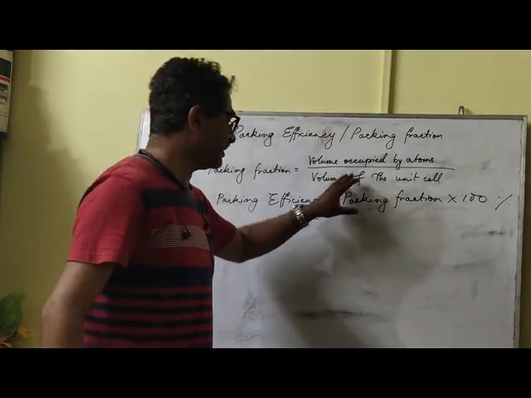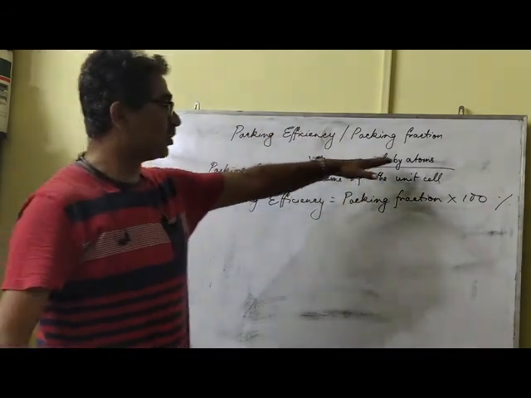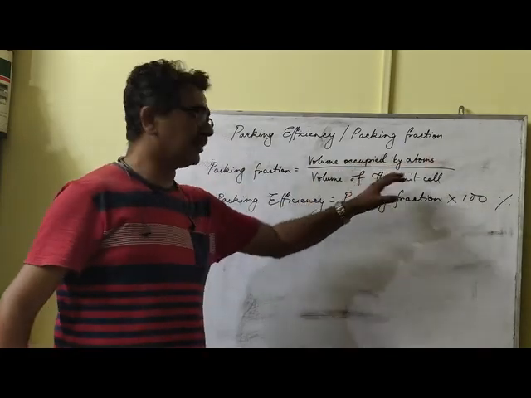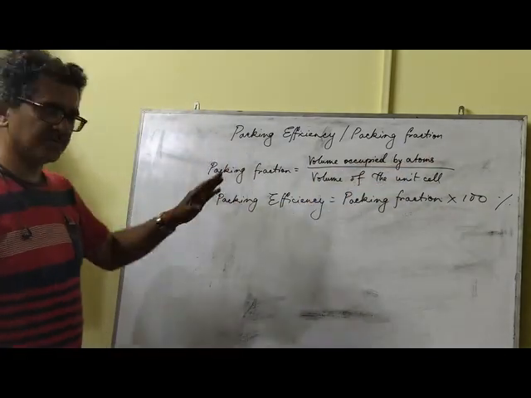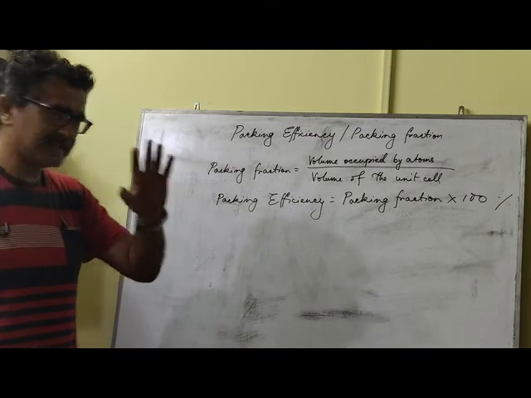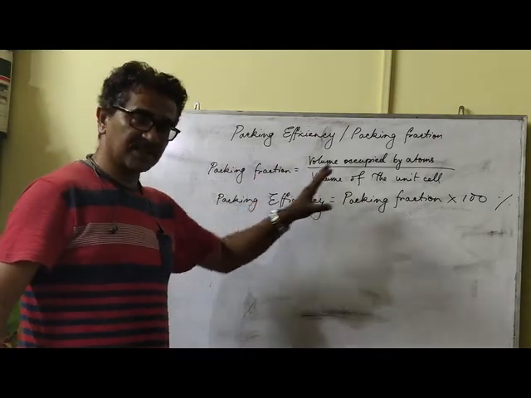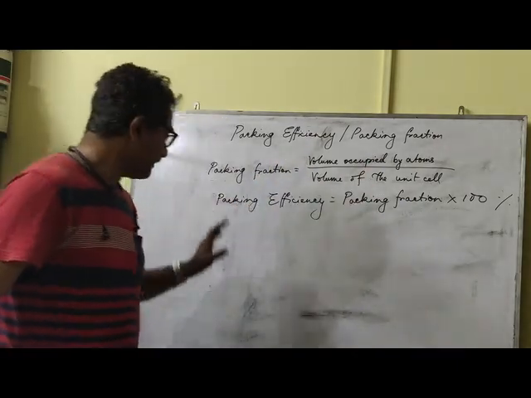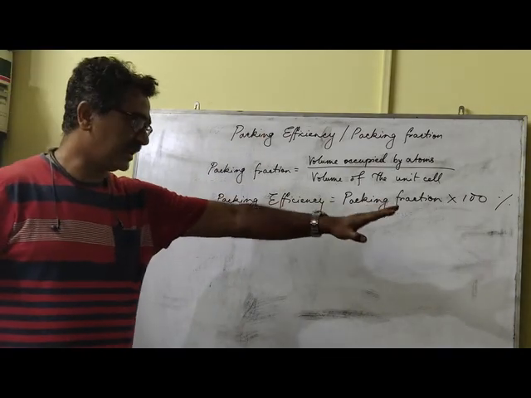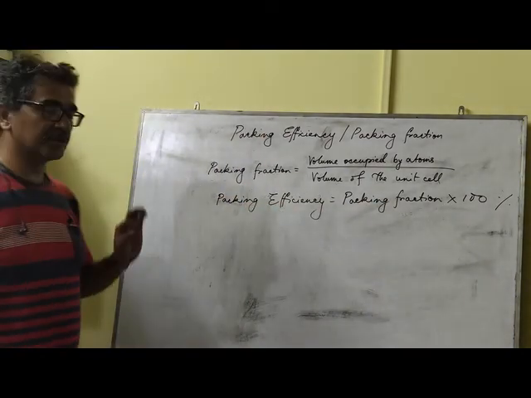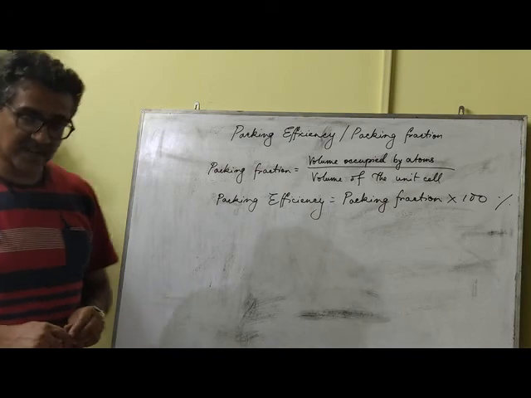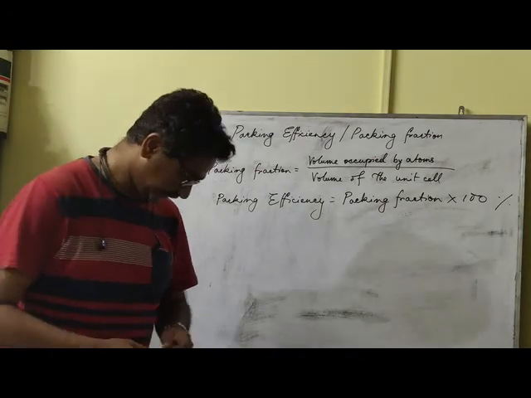This won't have any unit because it's a ratio between the volume occupied by atoms divided by volume of the unit cell. Both are volumes, so therefore the units will get cancelled. So packing fraction is a pure ratio, whereas packing efficiency is in percentage. So this is what we are going to calculate for each of the different types of unit cells which we have learned.